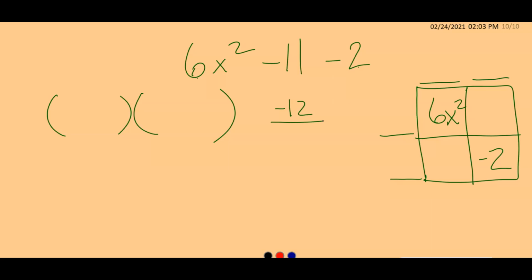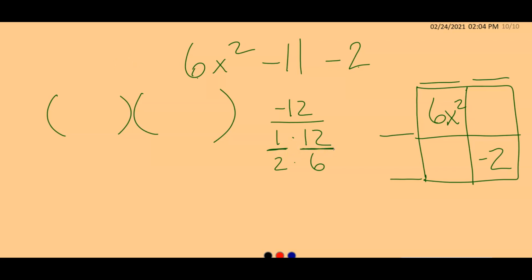Well, let's just start listing the factors of 12. Okay? We have 1, 12, and we have 2, 6. Right away, I can see that this isn't going to work. This is what I'm going to want to work with, this 1 and this 12.